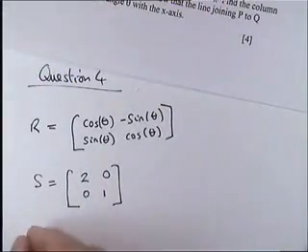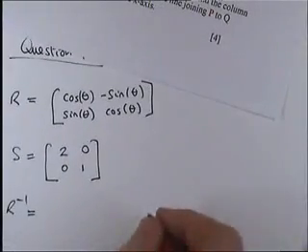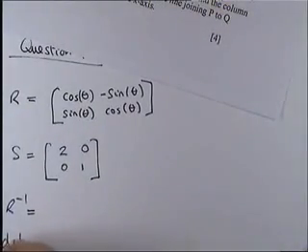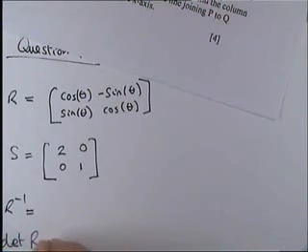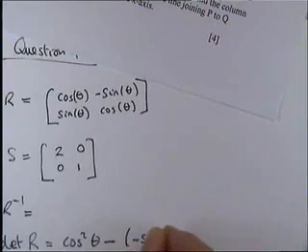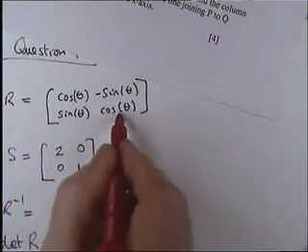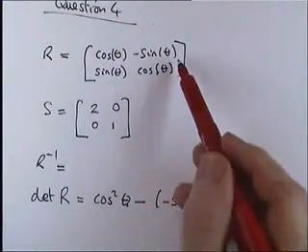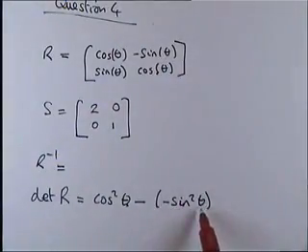So the first thing I'm going to do is work out the inverse of R. To do that, I will need the determinant of R. You should have got cos squared theta minus sine squared theta... because you get cos times cos to get cos squared theta, and you get the sine times the minus sine to get minus sine squared theta.